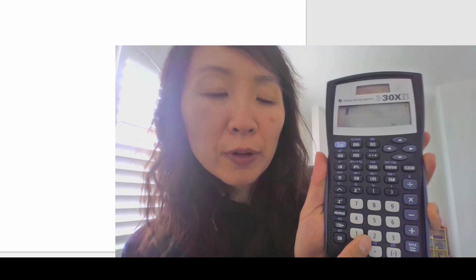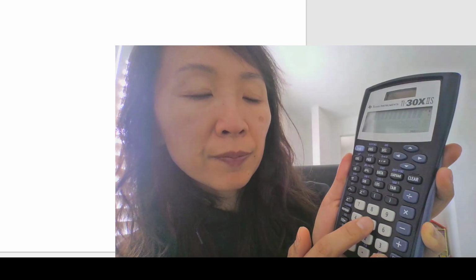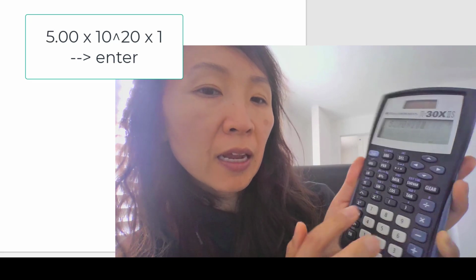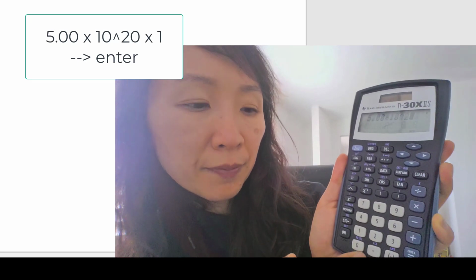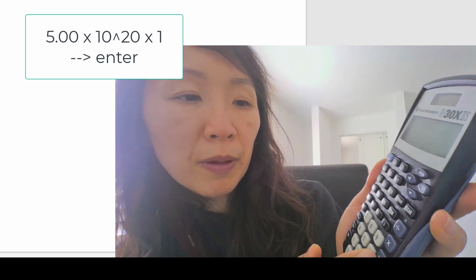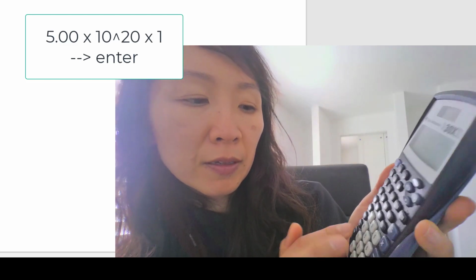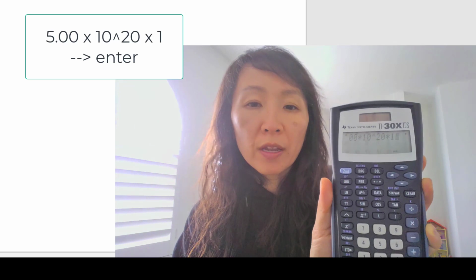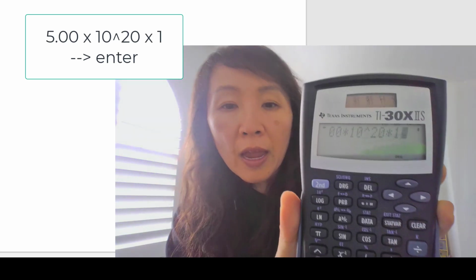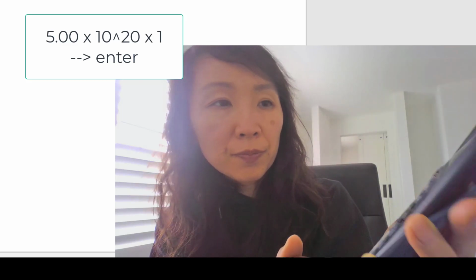On my calculator, you're going to punch 5.00 times 10 to the 20th, and multiply that by 1, since over here the 1 is on top. And then press enter.